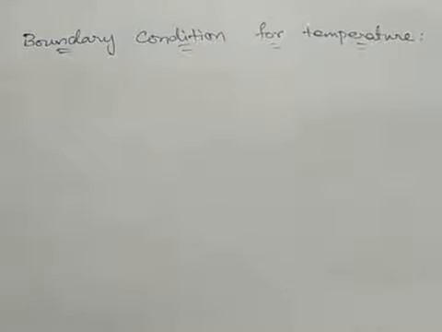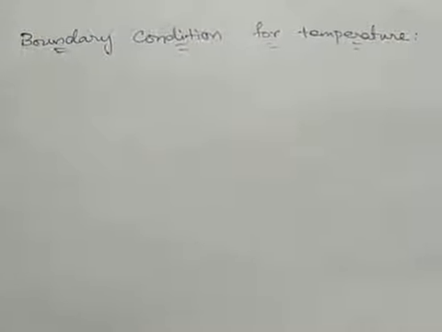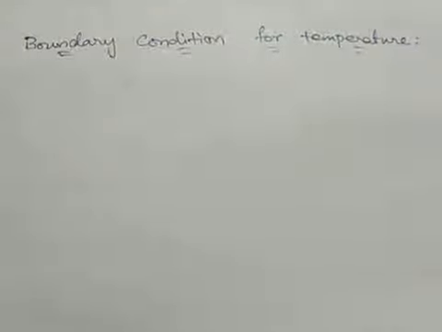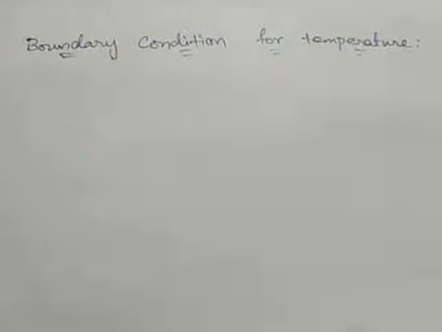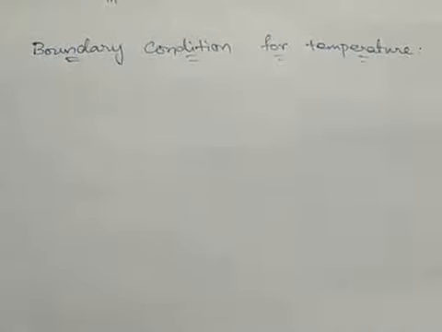Boundary condition for temperature explains at what temperature or what is the heat flow at the boundary. So here also we are going to see three types of boundary conditions for temperature.